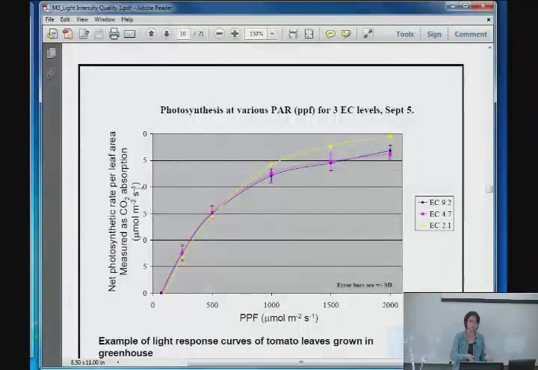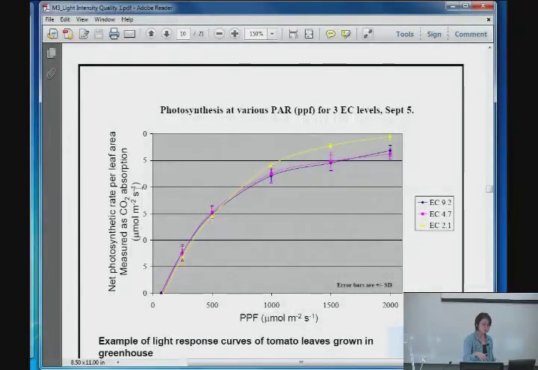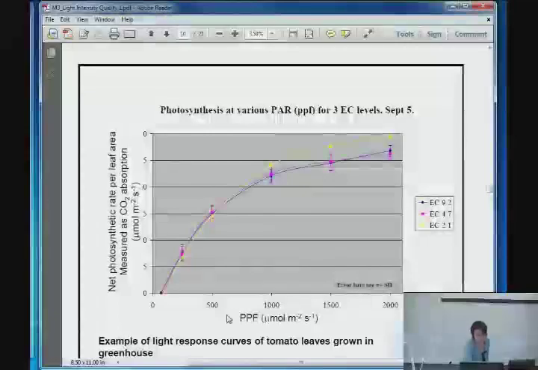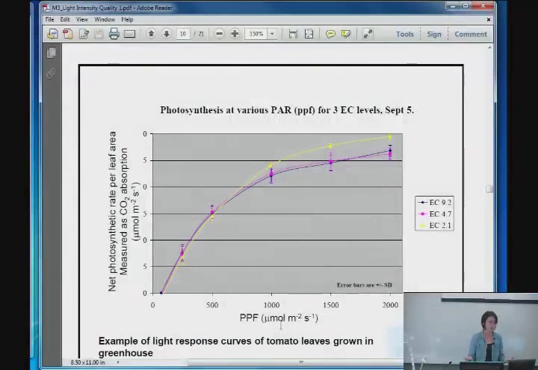The y-axis is the CO2 absorbed or fixed per square meter of leaf per second, right? And then the x-axis is PPF, so micromoles of photons received per square meter of surface, in this case leaf, per second. But it's per square meter of surface, the light intensity.